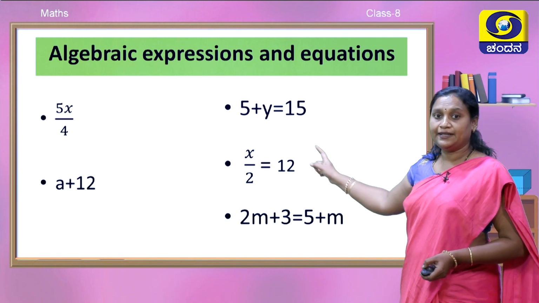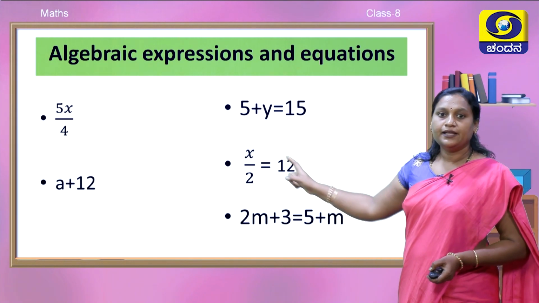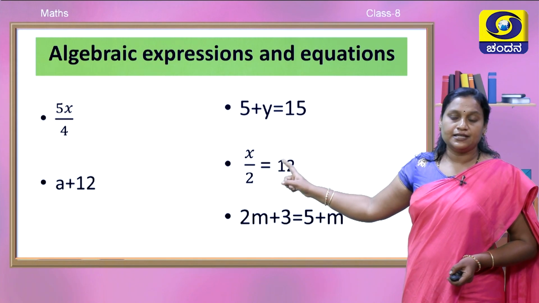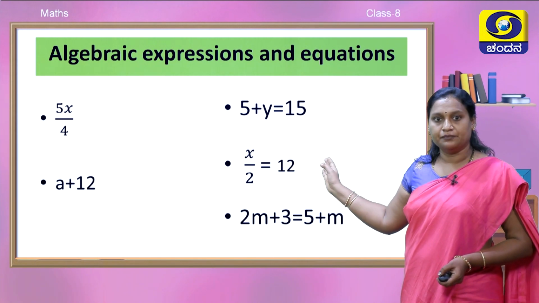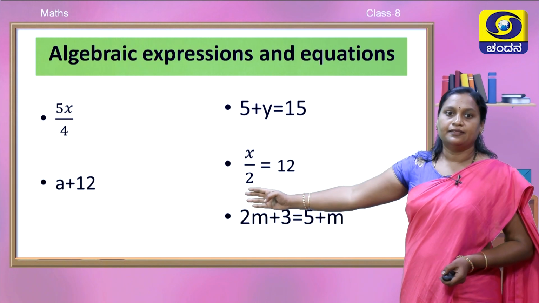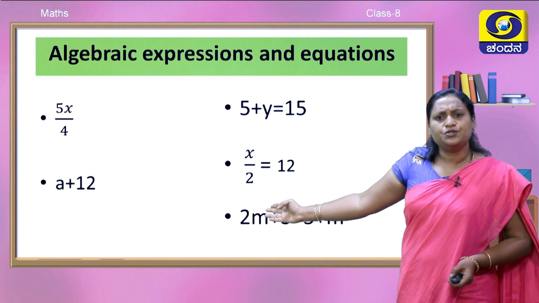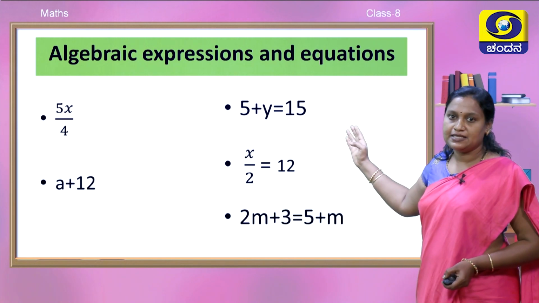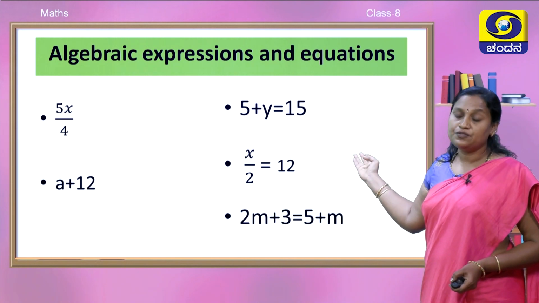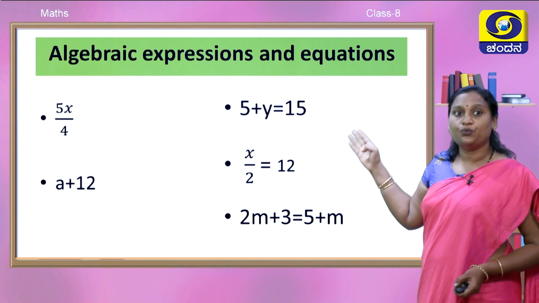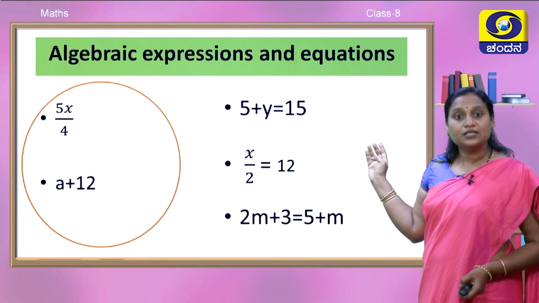There are two sets of examples given here. In the first set, it is written as 5 is multiplied by a number and divided by 4. And then there is one more example, a plus 12, a number is added to 12. Whereas in the second set, 5 plus y is equal to 15. That is, 5 is added to y gives you 15. Observe both the sets clearly.